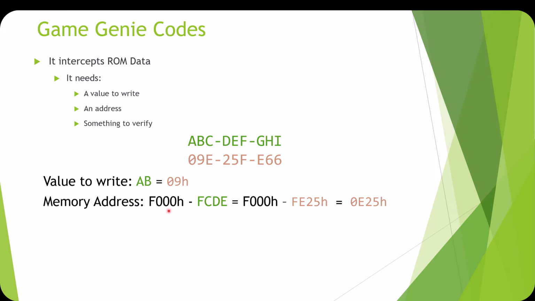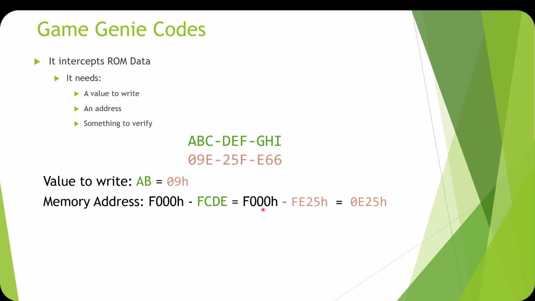What we need to subtract is F, C, D, E. So meaning F, C, D, and E. So you see, F is F. It's a coincidence, not a big deal. F, C, D, E, meaning FE25 in hexadecimal.